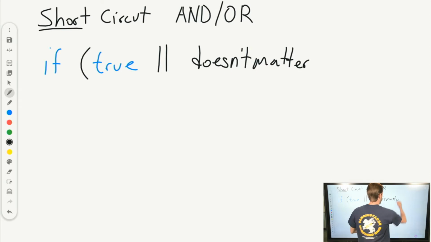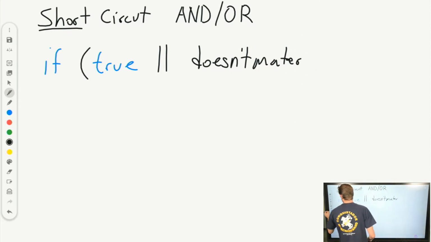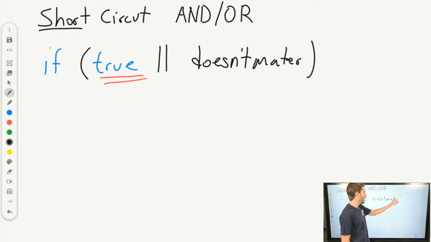As long as the left side is true in an or statement, both you and Java don't have to worry about what happens on the right side of the or statement. Now, if this is false, yes, we still need to look at the other side. But if this is true, we don't need to worry about what's on the other side.